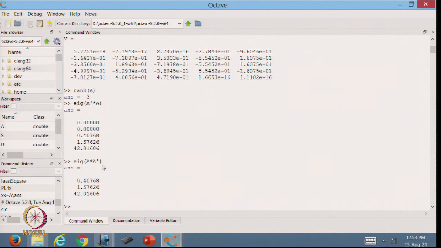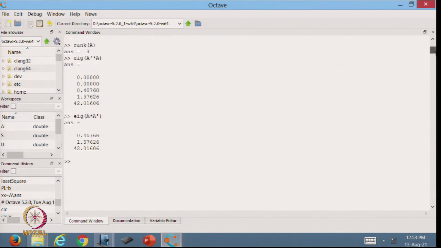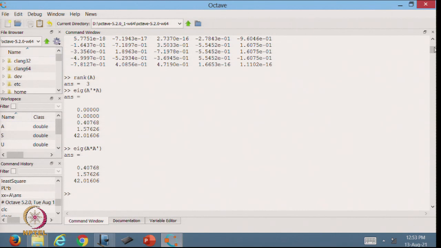This is my U, S and V, which I can directly take with the help of the inbuilt function in MATLAB or Octave, and it gives me the SVD. You can also verify by solving with pen and paper, and then you can do the multiplication in this case. So, you will also be able to get the same result.